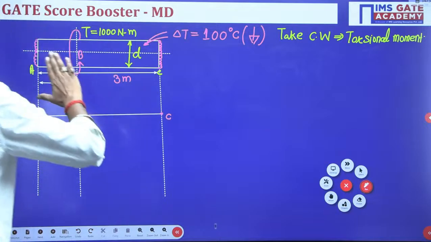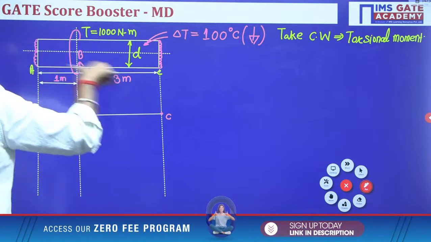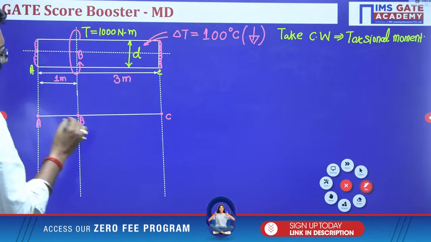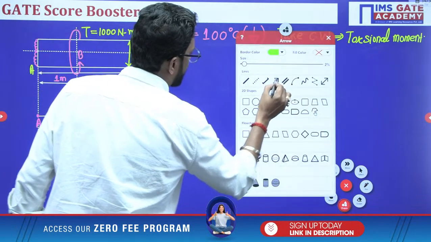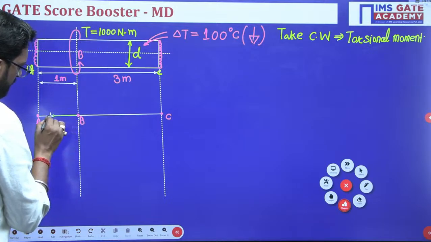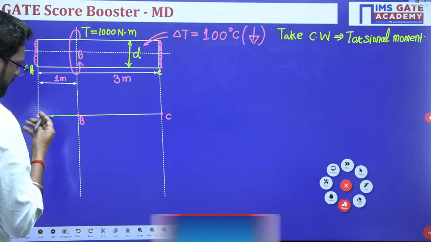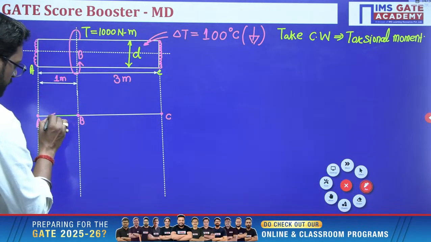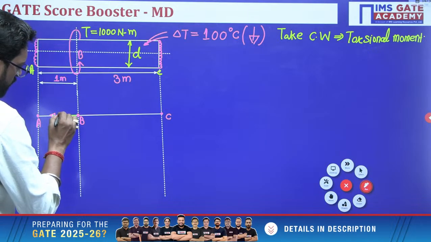So the clockwise moment will give a reaction in this direction. From point B, it is in this direction, with a double arrow, obviously, because it is torque.